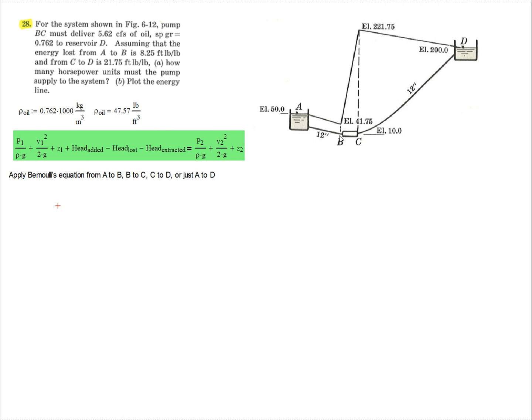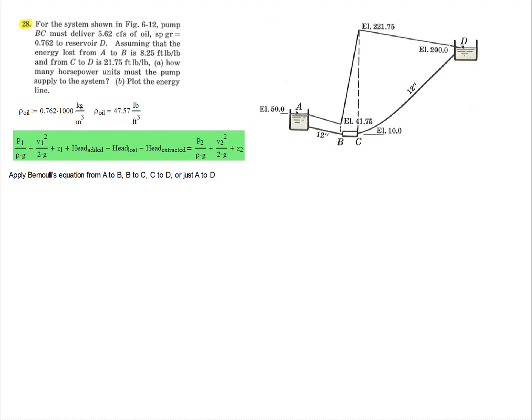We could do a Bernoulli equation from A to B, B to C, and then C to D, or we could realize that since we have constant pipe diameters, notice these are 12 inches going from A to B, and then from C to D is also 12 inches, we could just apply Bernoulli's equation from point A to point D and be able to solve the problem.